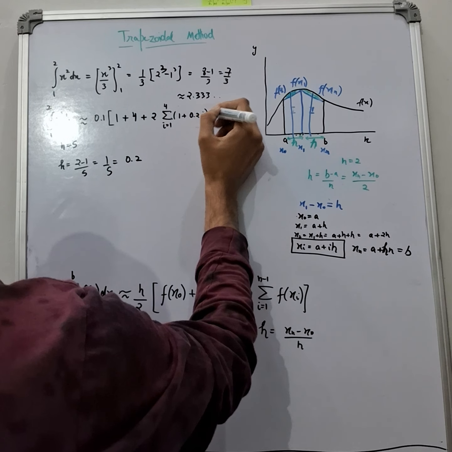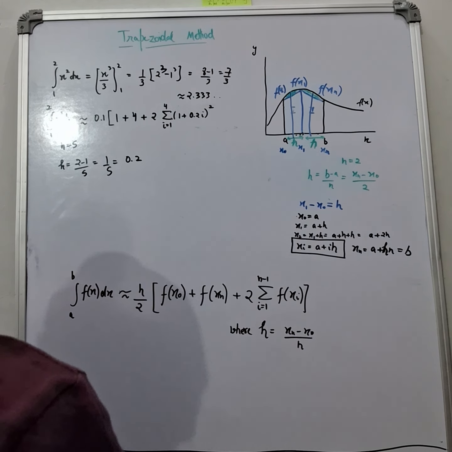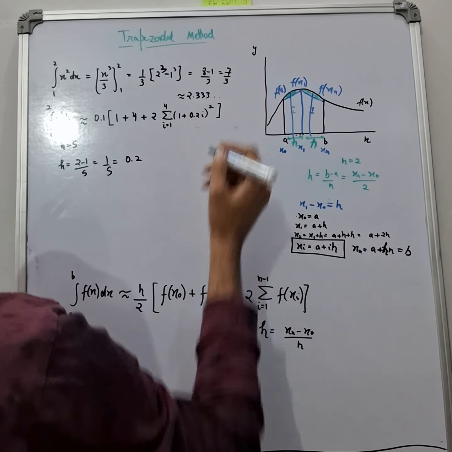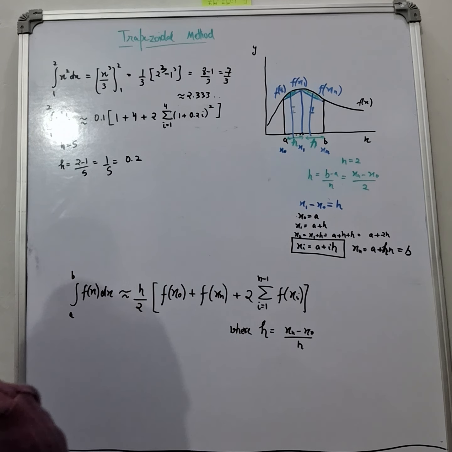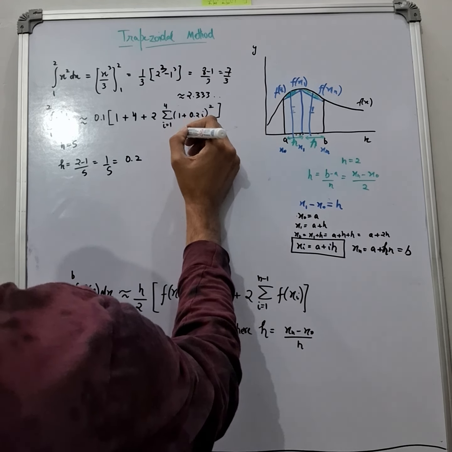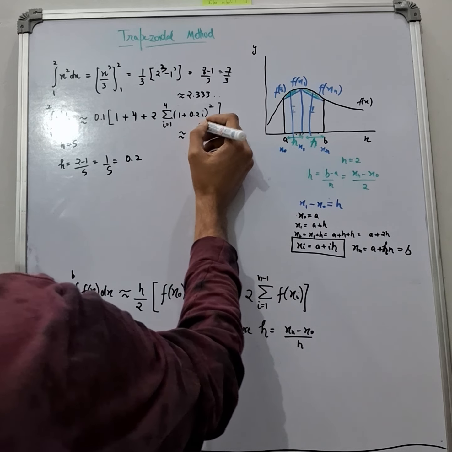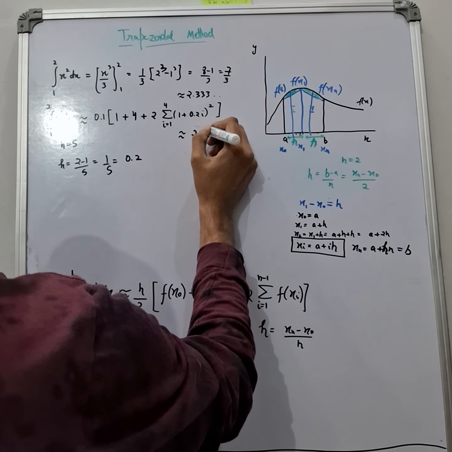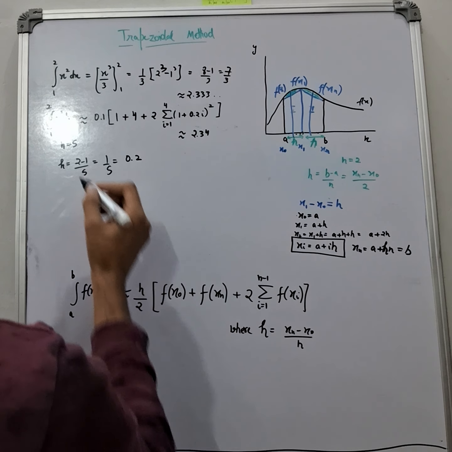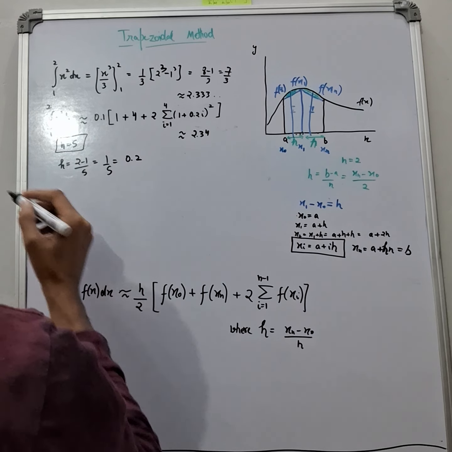Fine. And you can calculate it using a calculator. You will get the value approximately 2.34. This is for n equal to 5.